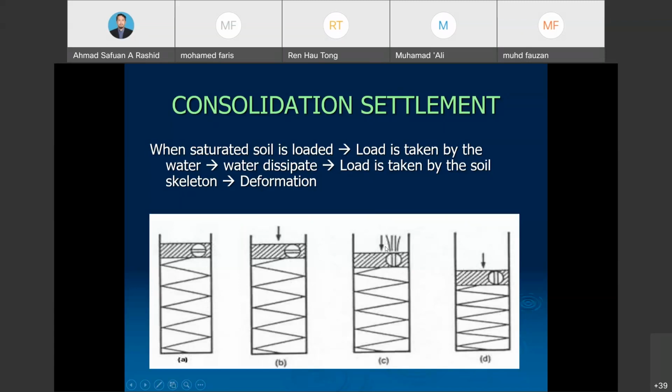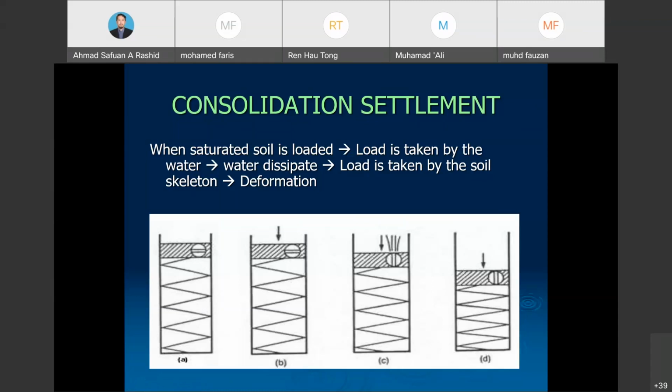Then we keep continuing with a time which is allowed for this load to rest on the top of the piston, until there is no movement happening later on.